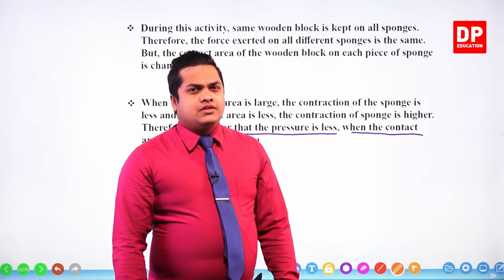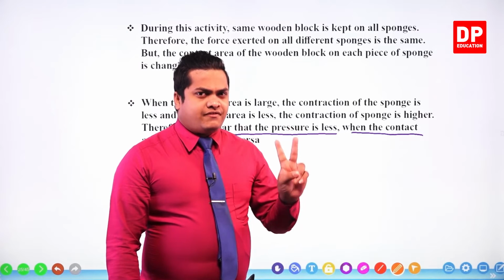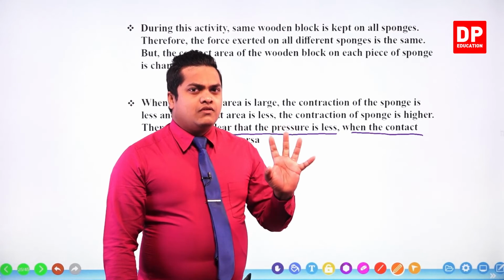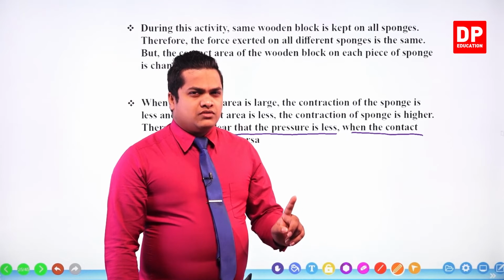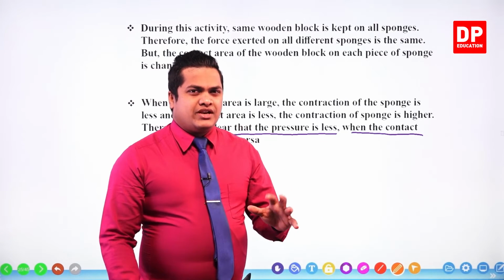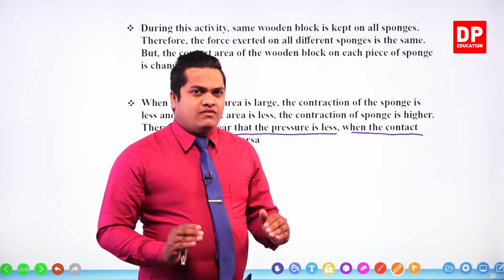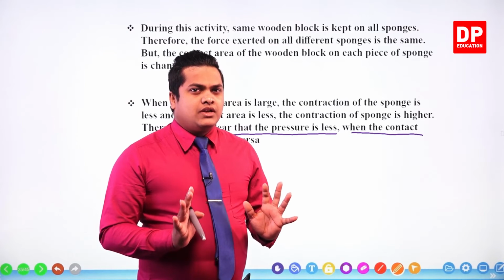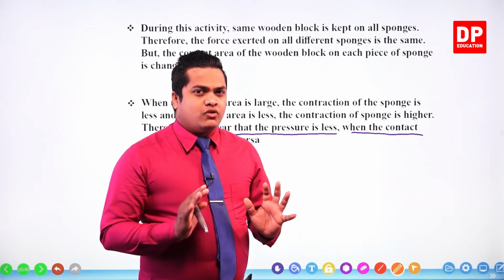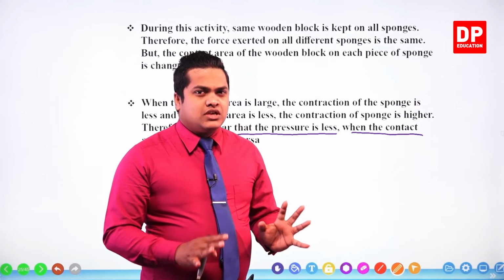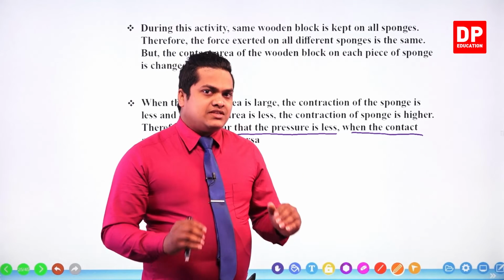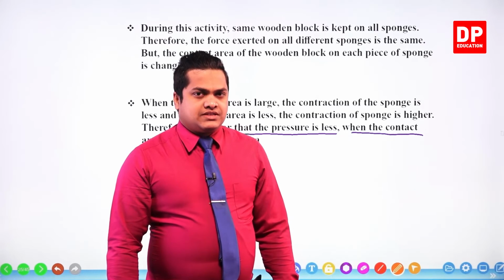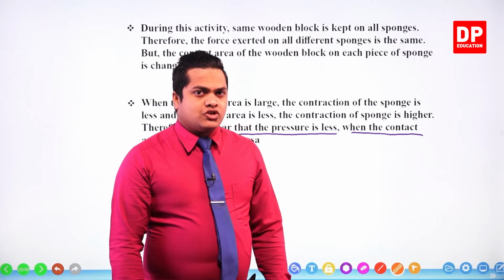So my dear children, we discussed two different factors that affect the pressure. One is the perpendicular force. In simple terms, I told you that in our O-level syllabus, the force is always perpendicular, right? So we can just mention it as the force which is acting on a certain surface. So force is the first factor that affects the pressure.